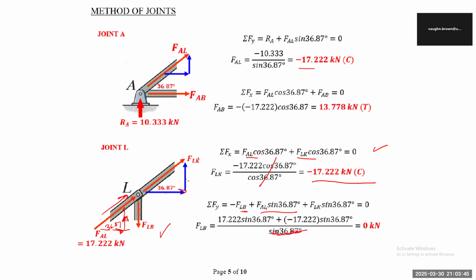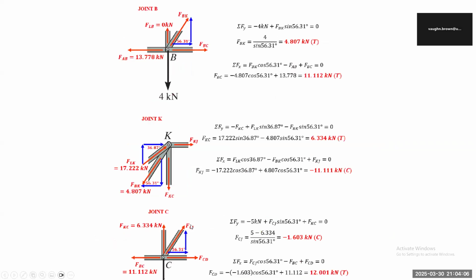You have AL and you have LK. So you drop in those values. That's just an honest error. You put in the 17 point in there and the two value there. One is plus or one is minus. So they're saying that value, that's a zero force member. So that member there is a zero force member. That's what it's telling you right here.